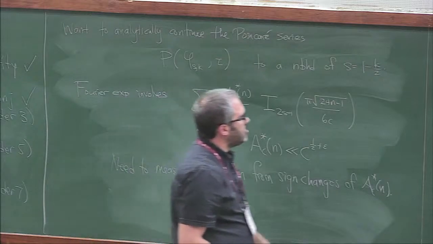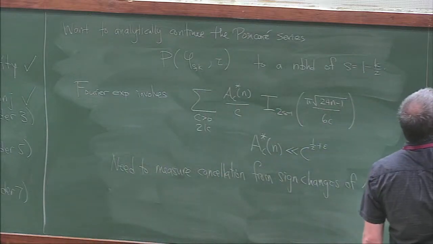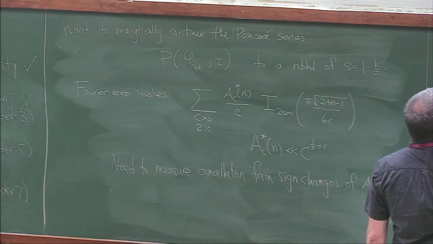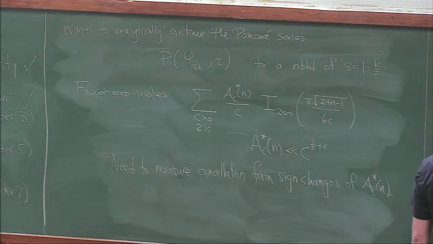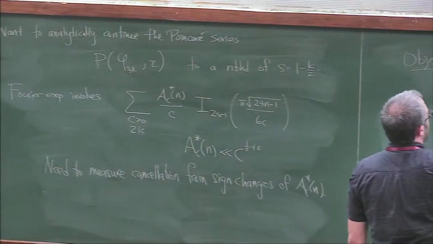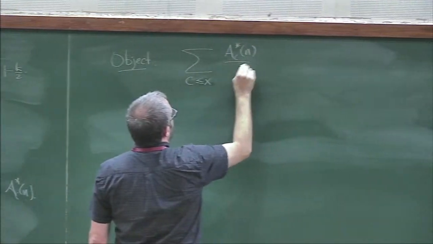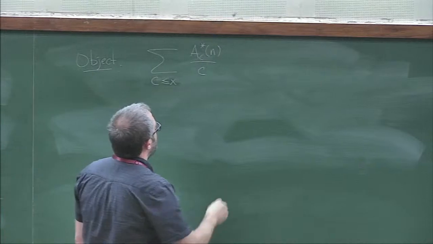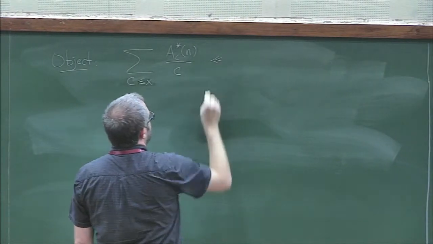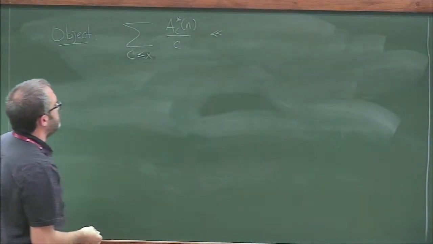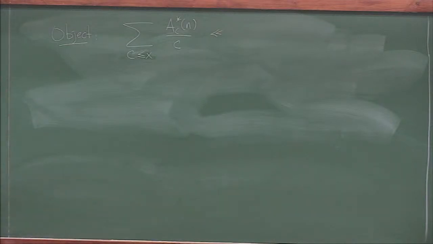Okay? And so the object that you want to study is something like a sum over c less than or equal to x of A_c of n over c. And what you need to do is prove that this is a power saving smaller than you would get if you use the pointwise bound.